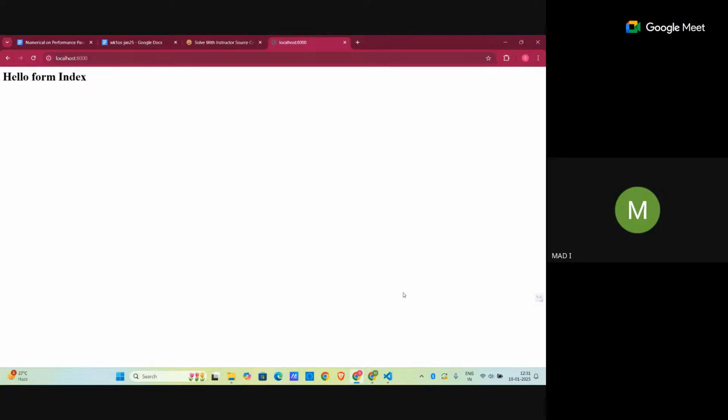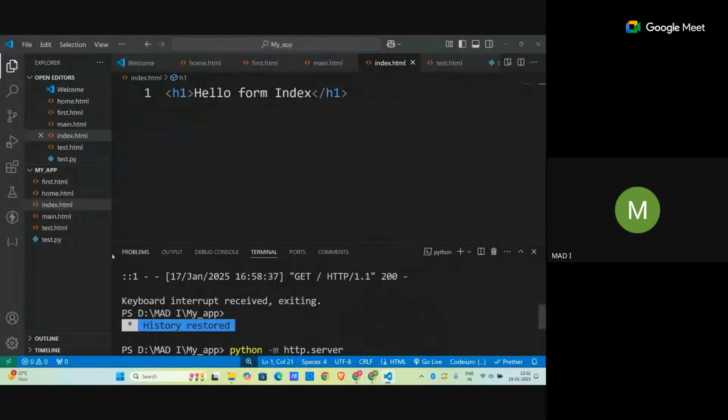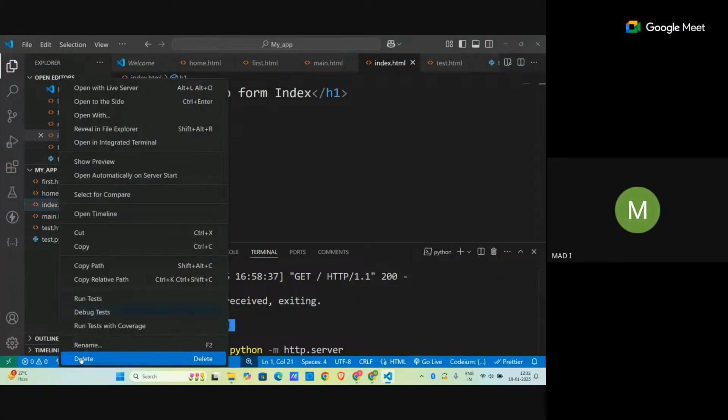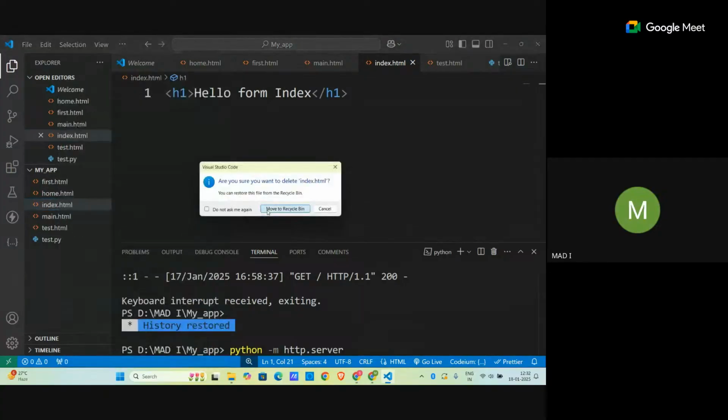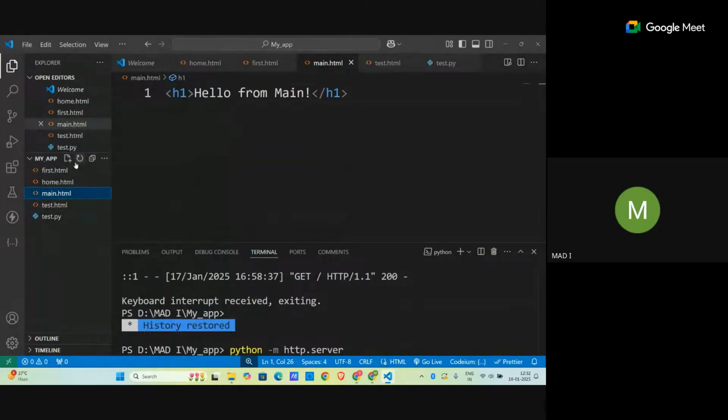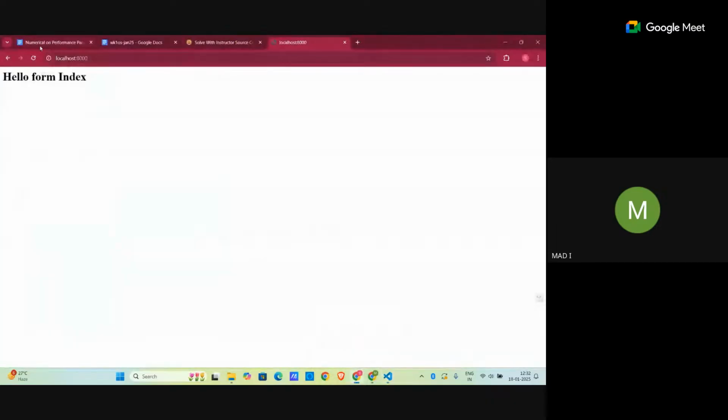Here the index file is present in my directory. This is the index.html file, so it is rendering this file. But if I delete this file, so here I don't have the index.html file. Now if I go to this local host, it will give me the directory listing for all the files.